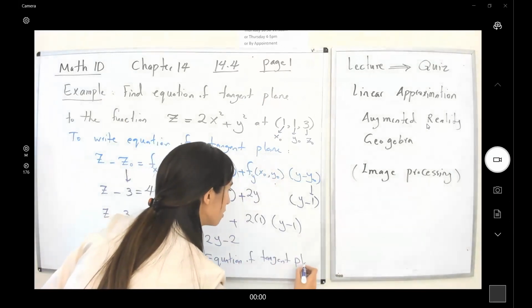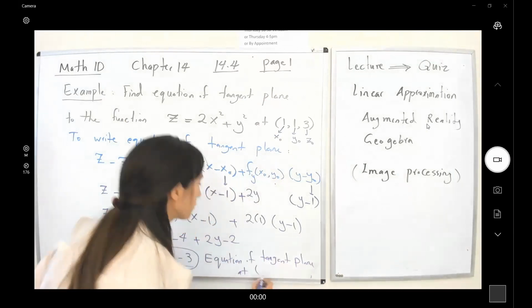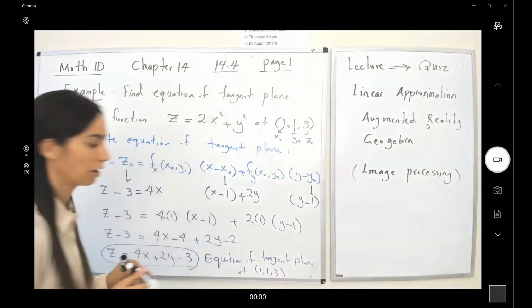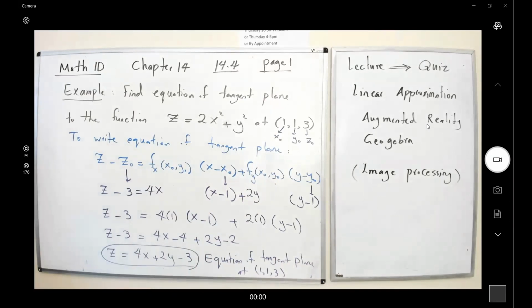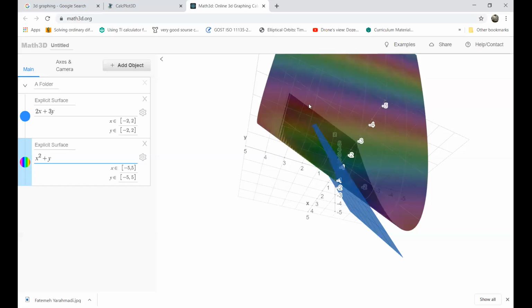Tangent plane at 1, 1, and 3. Very well, let's try to visualize what's going on here.